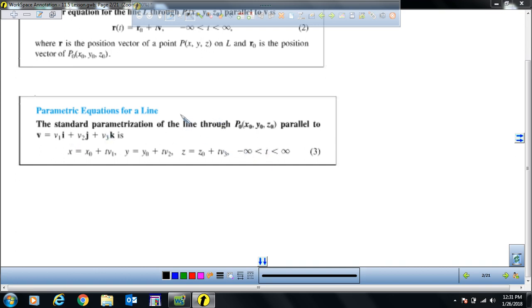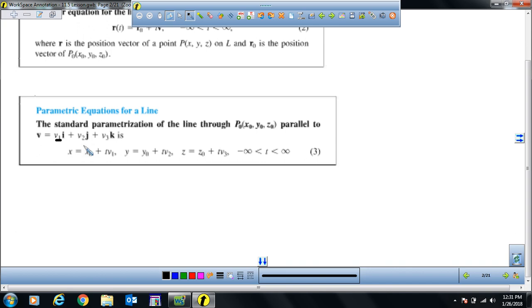The parametric equation, as discussed in precalculus, is x equals the initial position of my x value, x of 0, basically the x coordinate of where the vector begins, plus the x component of your vector v times some parameter t.